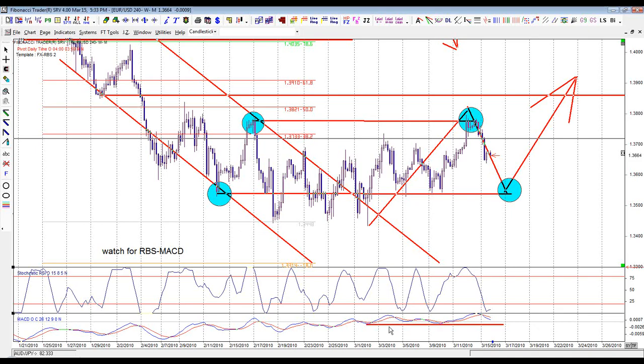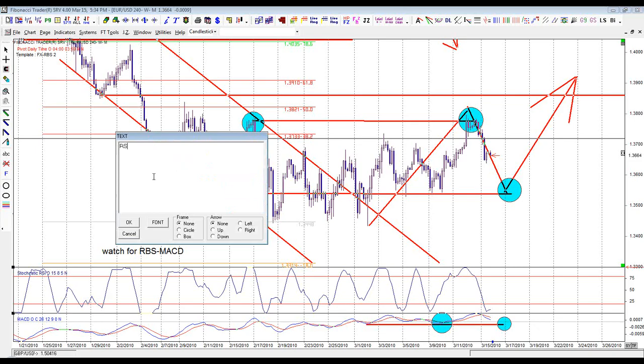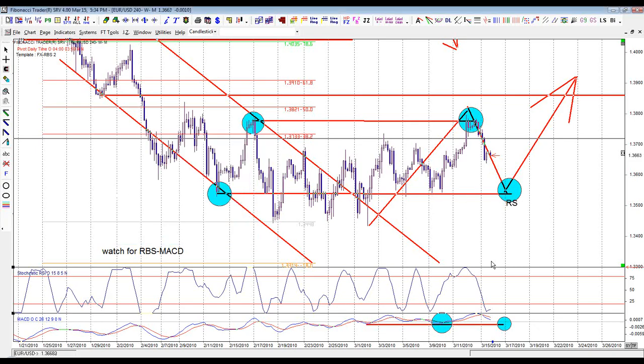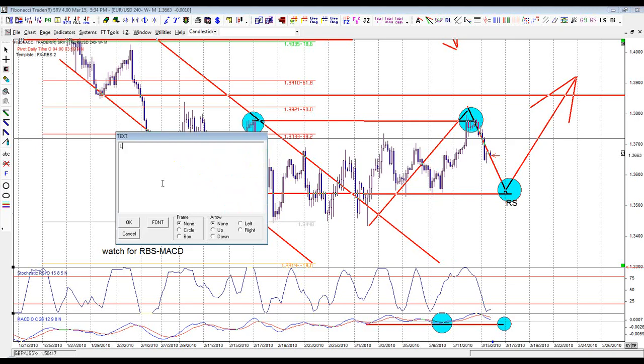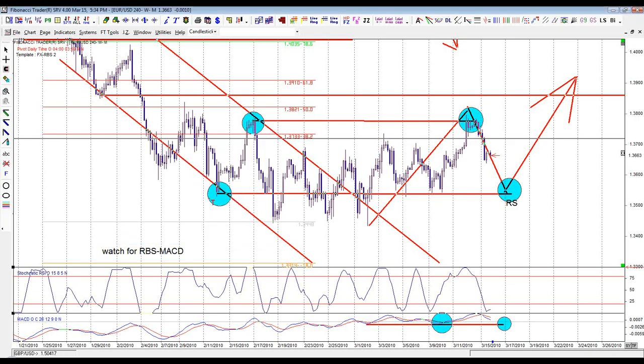If the MACD continues making higher lows, by higher lows I mean if the next bullish cross is above this line that I have drawn here, and the price is at the right shoulder, this is the left shoulder, this could be a good area for us to buy.